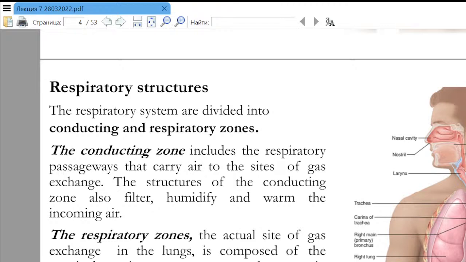The respiratory zone, the actual site of gas exchange in the lungs, is composed of terminal respiratory passageways that contain alveoli, namely the respiratory bronchioles, alveolar ducts, and alveolar sacs.